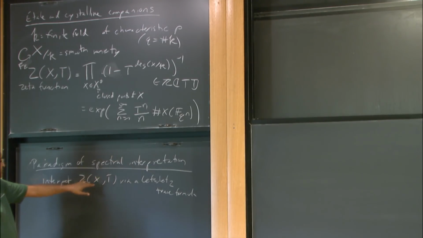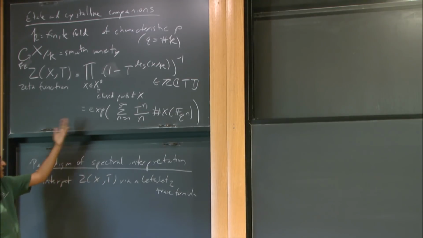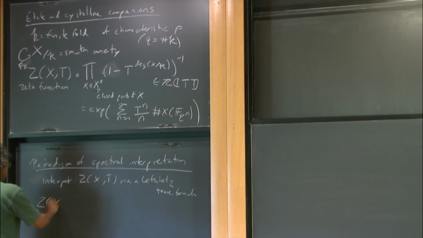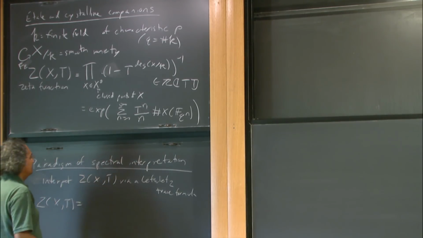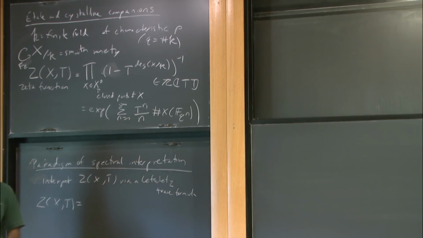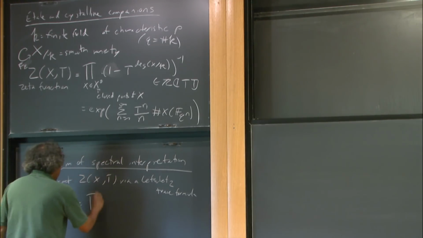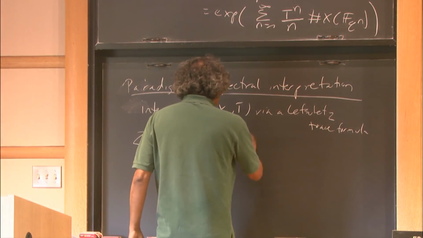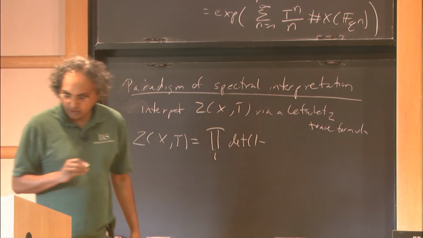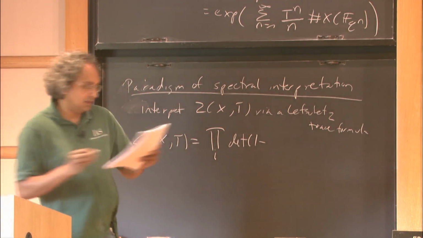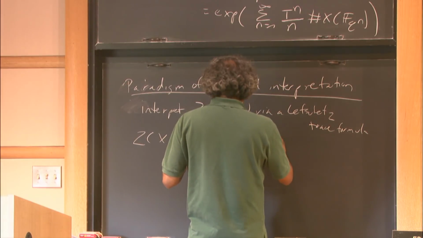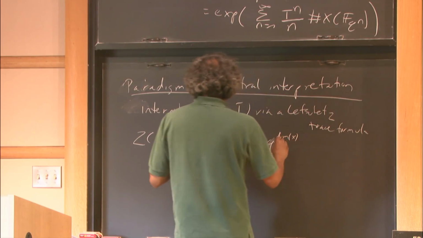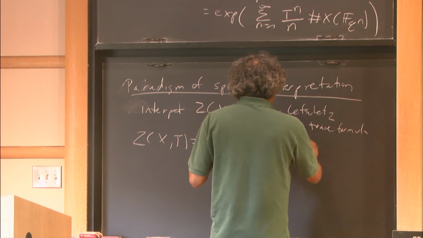So if you have some way to, so to speak, linearize x, i.e. if you have a cohomology theory, then you could hope to interpret this, which is just what you get by exponentiating the usual additive form of the trace formula, as some kind of product of inverse characteristic polynomials. To get this exactly right, I need to put some factors in. So this is q to the dimension of x times F inverse times t.